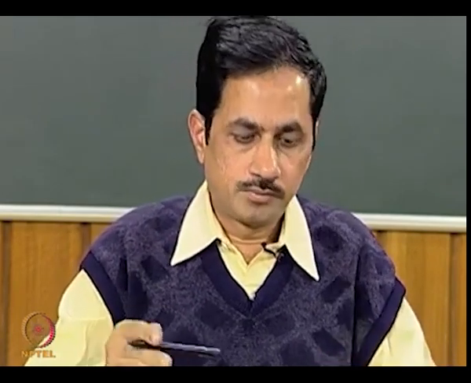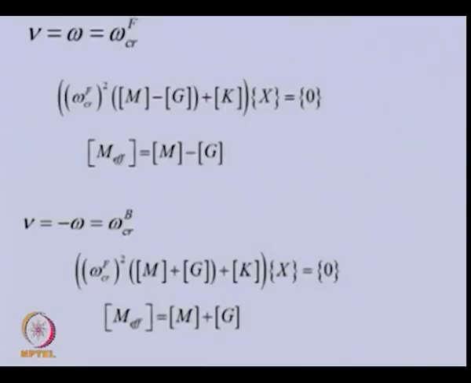So, now let us see how that can be obtained from these equations. This is the whirl frequency which is equal to the spin speed, and we are equating that to the forward whirl critical speed, because we have taken the positive sign. That means the whirl direction and the spin direction are the same.